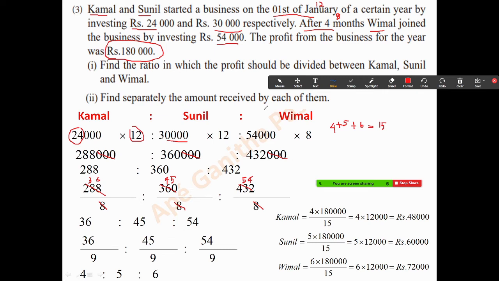How to find that? First you have to write them as fractions. What is the fraction of Kamal? Kamal's part is 4, total parts 15, so Kamal's fraction is 4 over 15.